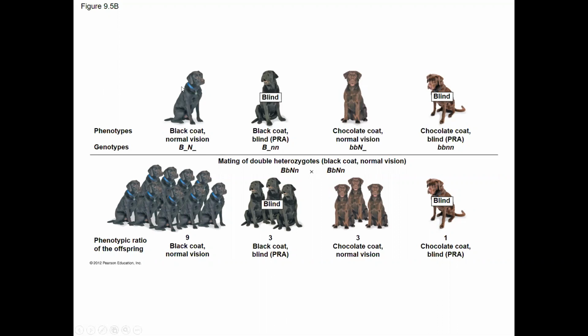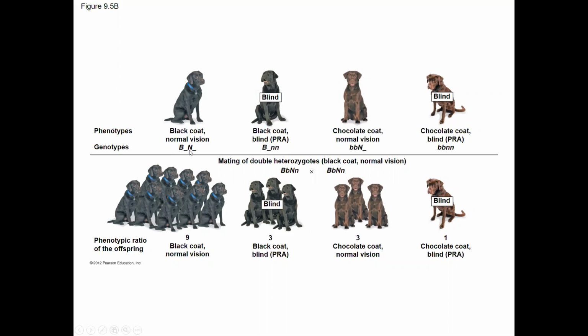Now, you can see the phenotypes because phenotypes are things that you can see. You may not know the genotype, or you may not know all the alleles that they have, because we know that if they have a black coat, then they must have at least one dominant allele. And if they have normal vision, they must have one dominant allele for normal vision.